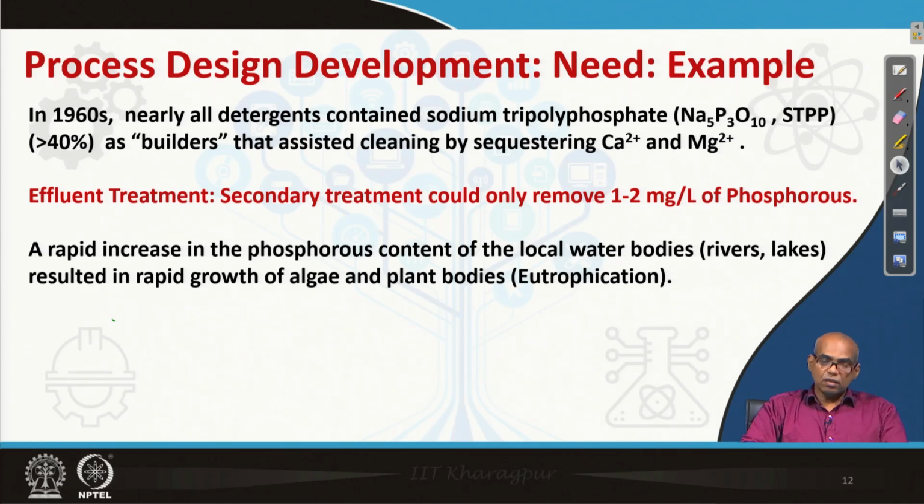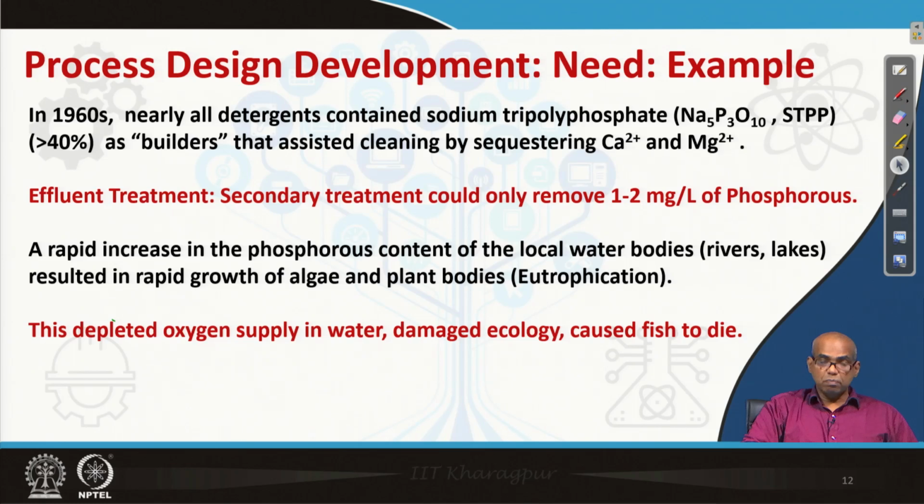So, a rapid increase in the phosphorus content of the local water bodies, rivers, lakes, etc., resulted in rapid growth of algae and plant bodies. This depleted the oxygen supply in water, damaged ecology and caused fish to die.